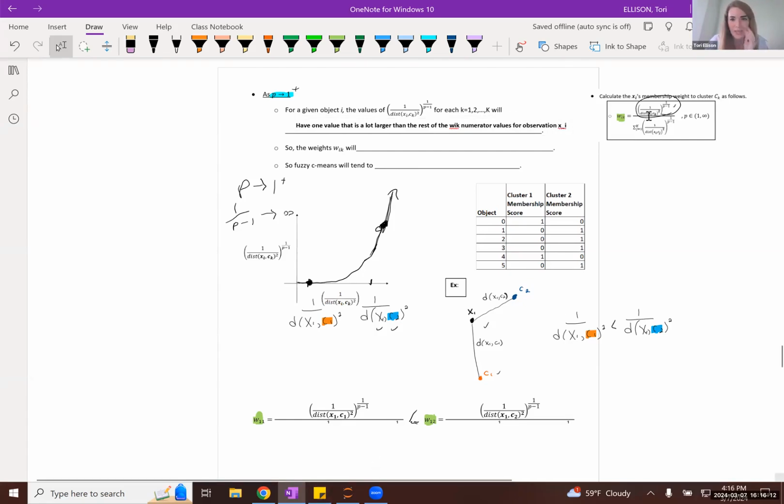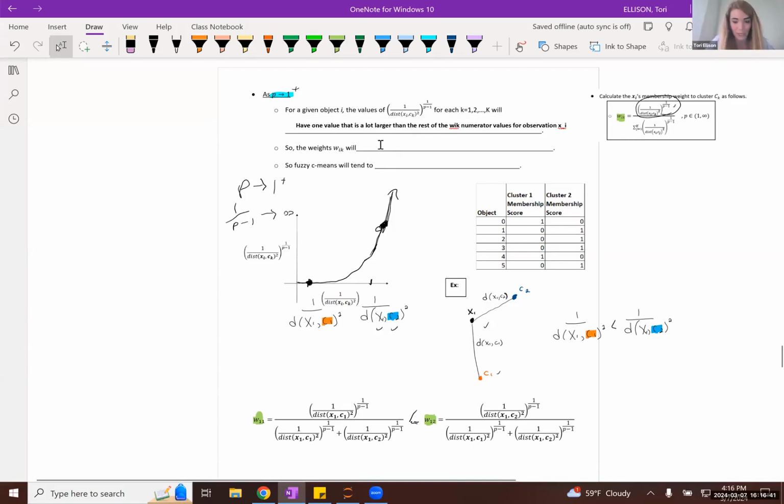Okay, and similarly, for WIK, we normalize by the sum of the numerator values for the corresponding observation i. So basically, if the numerator has one that's a lot larger than the other, then there will be one WIK value that's a lot larger than the other.